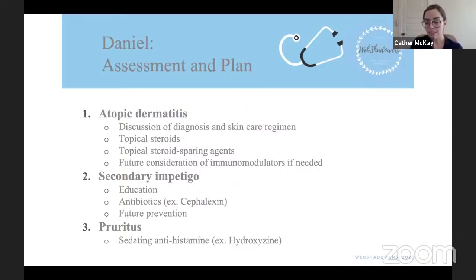So yes, that can happen for sure. And that really pushes you towards needing systemic treatment because that's life-threatening.